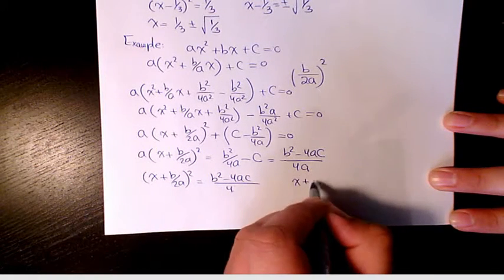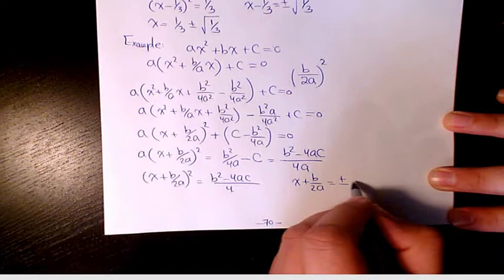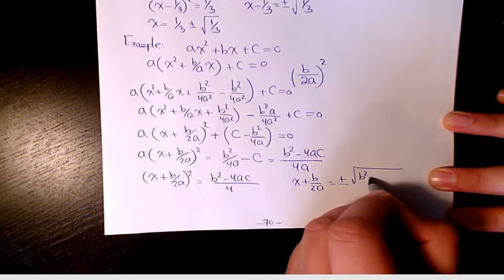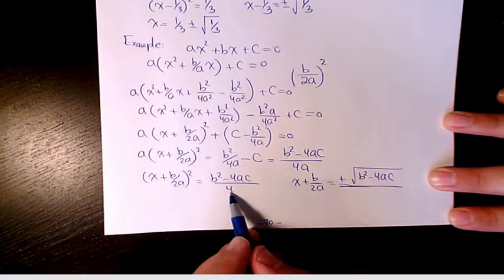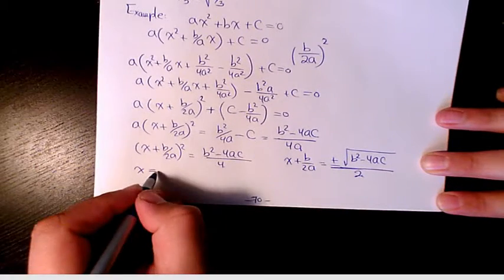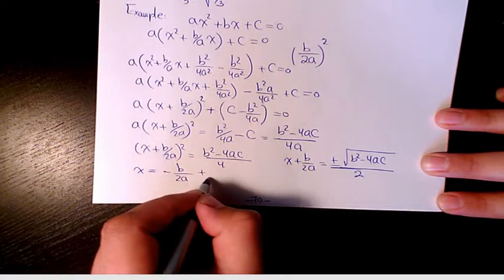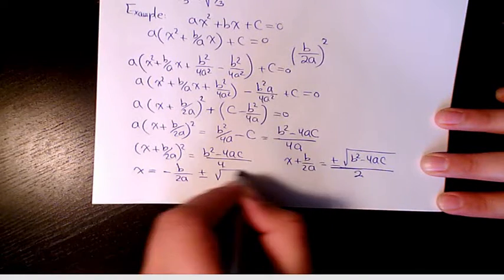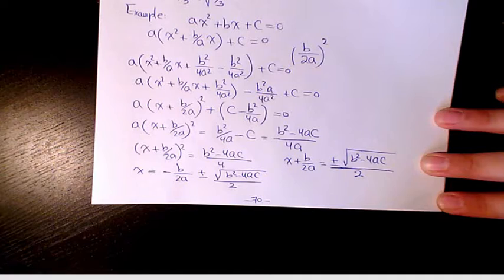So x plus b over 2a will be plus minus the square root of b squared minus 4ac divided by the square root of 4a squared, which is 2a. So x will be negative b over 2a plus minus the square root of b squared minus 4ac divided by 2a.